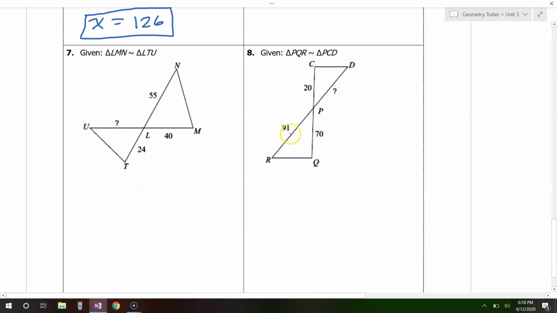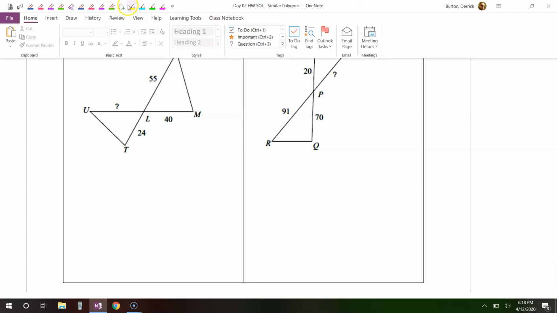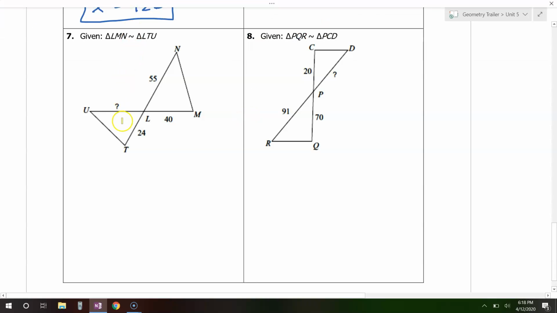All right, we are down to the last two problems, guys. All right, I feel like we just got started. So I see you, Mr. Question Mark. That is UL. So UL, that's the beginning and end. So that's going to correspond with LN. LN is right here.